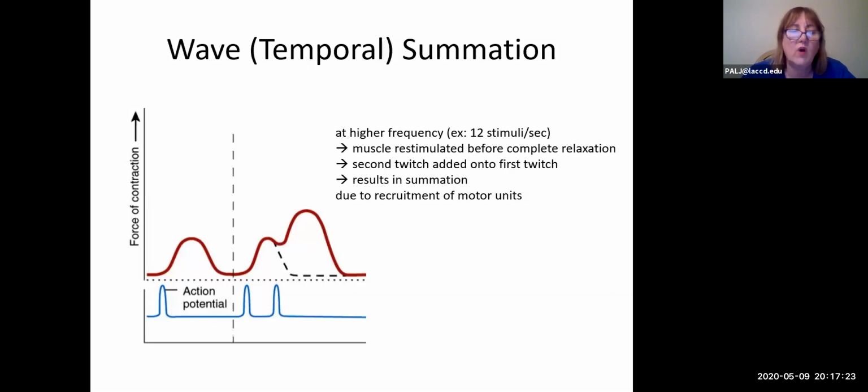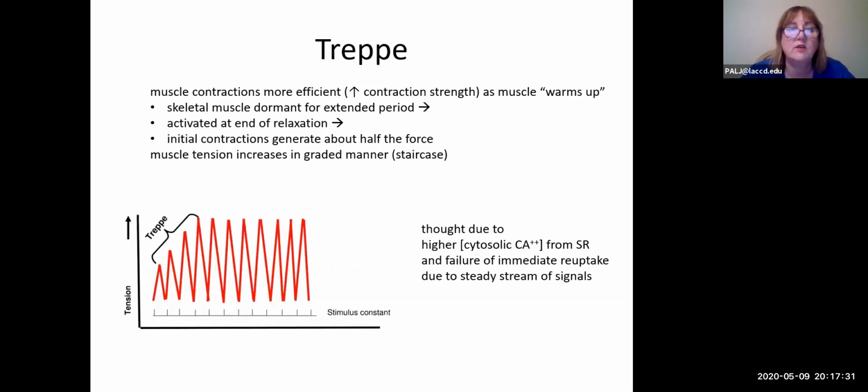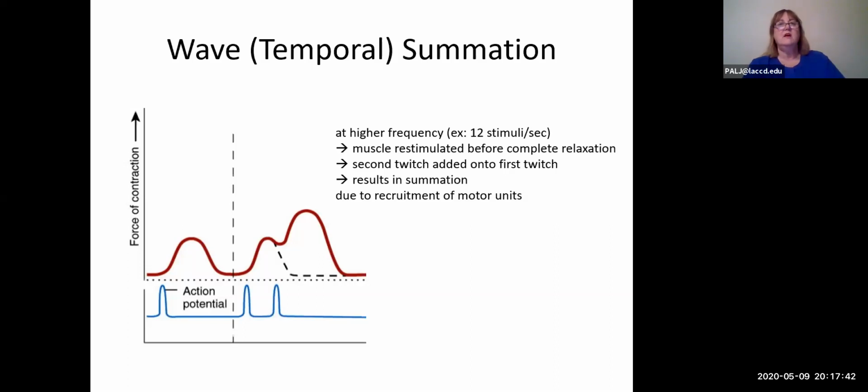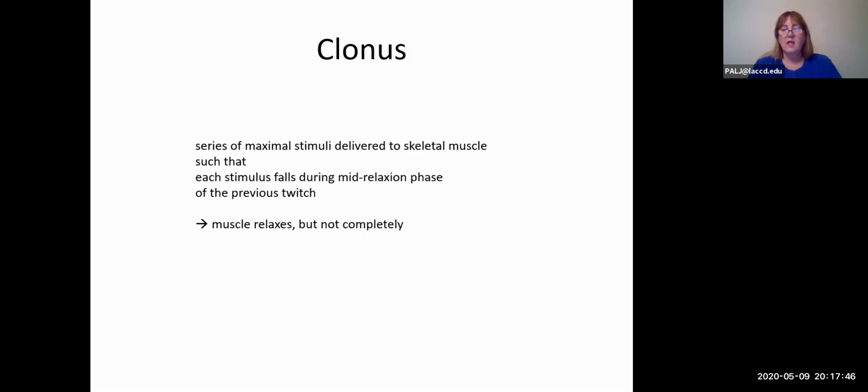But notice in wave summation, we do not return to threshold between the two waves, as opposed to treppe, where we returned to the threshold between two adjacent action potentials. Okay, so that's wave or temporal summation.